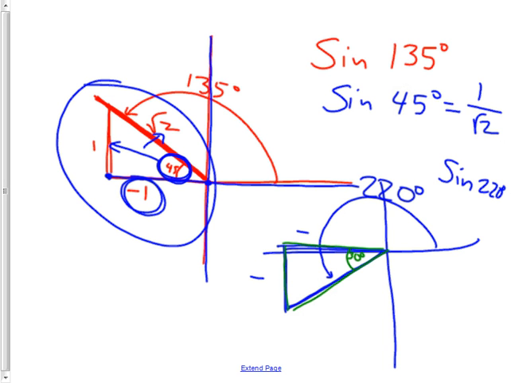So if this is the 30, 60, 90, this must be the 60 then, right? And then the 30, 60, 90 has a 1 across from the 30, and then the hypotenuse is always double that, and then it's square root of 3 here. And I got to remember it's negative 1 and negative square root of 3. Now that I've got that all labeled, it'd be easy.